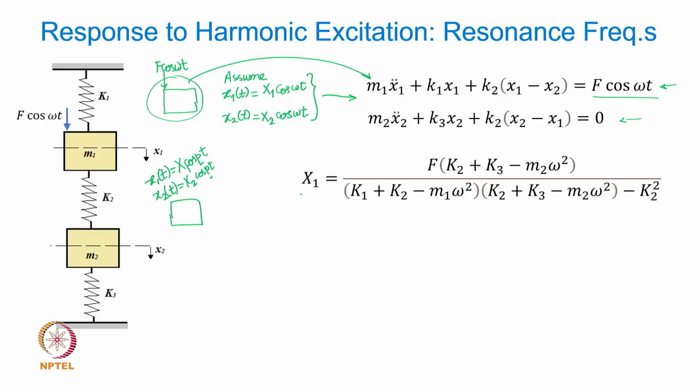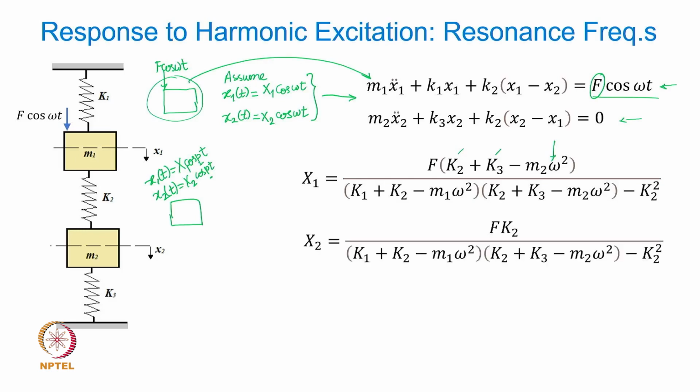Don't worry about what all are there. Obviously you are observing that they are all functions of the system parameters k1, k2, k3, m1, m2 and f, as well as you can expect, because it is going to be dependent on the magnitude of the force, and of course the excitation frequency will obviously appear.